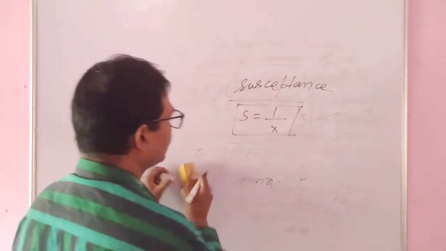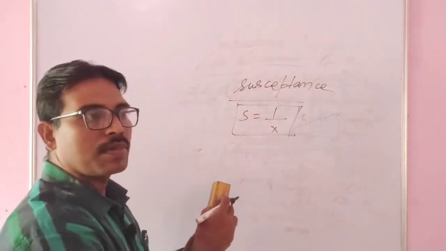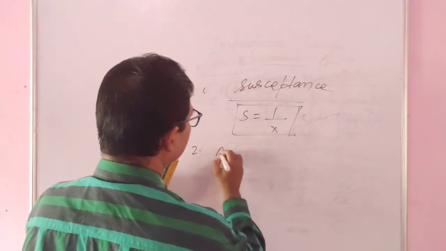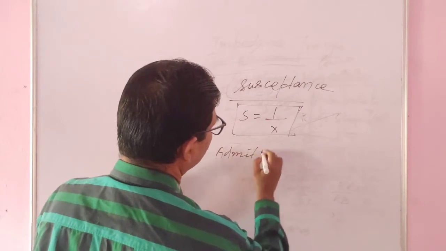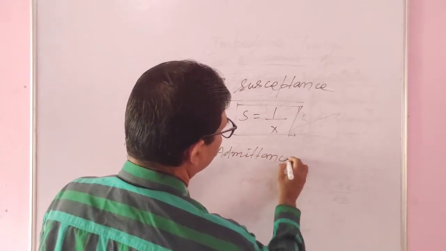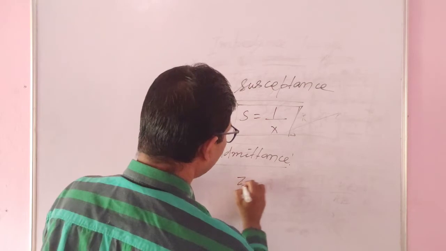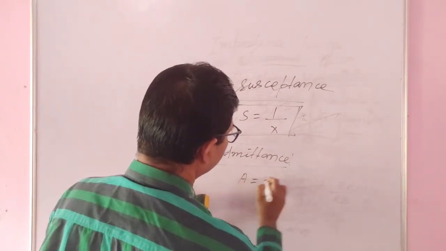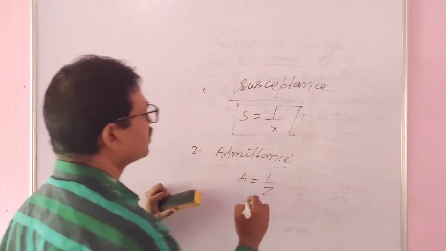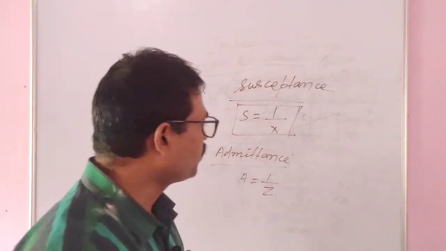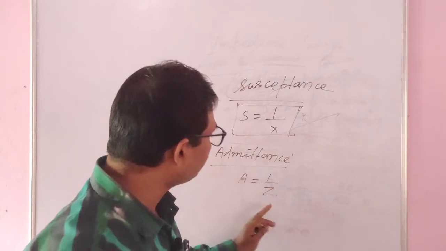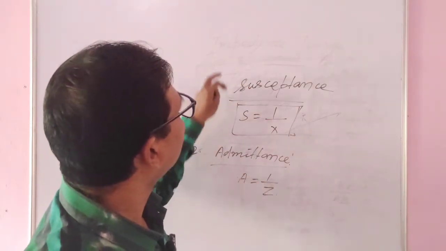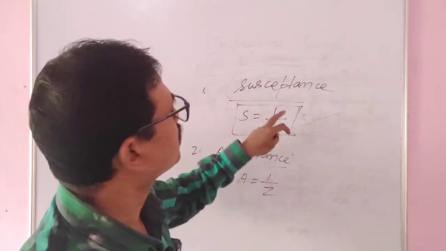But in the case of admittance, it is the reciprocal of impedance. I am repeating the same: the reciprocal of impedance is known as admittance, and the reciprocal of reactance is known as susceptance.